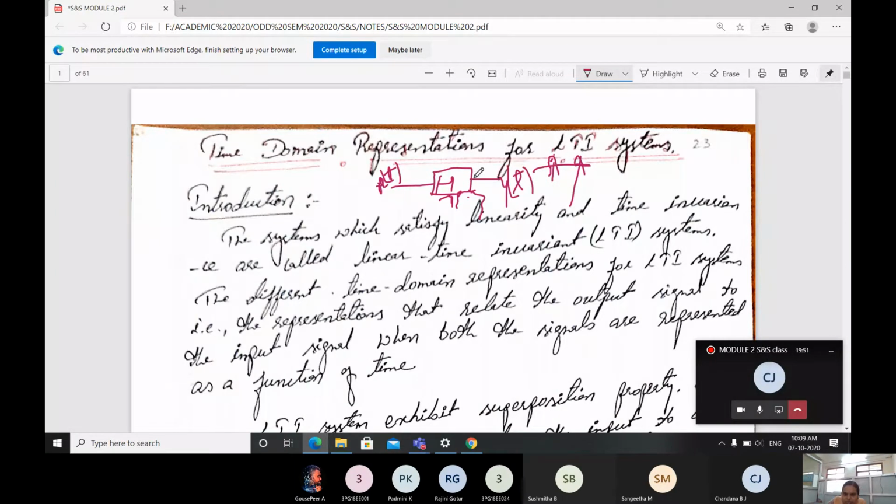In this, we are learning about a system which is linear and time invariant. That is the LTI system. LTI systems are used in many applications, such as communication, robotic systems, and wherever signals are used, weather forecasting.